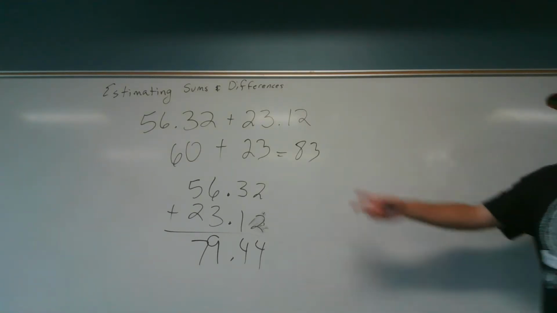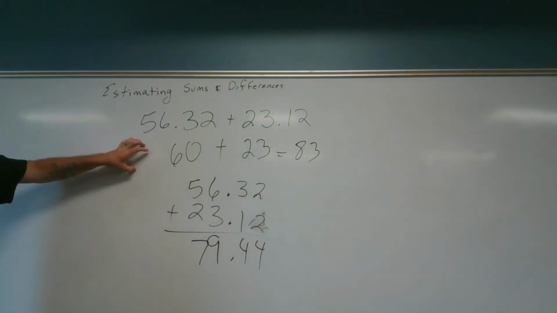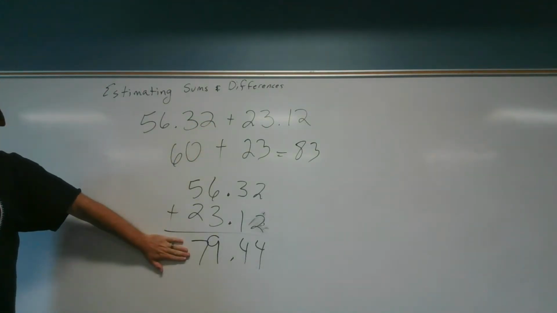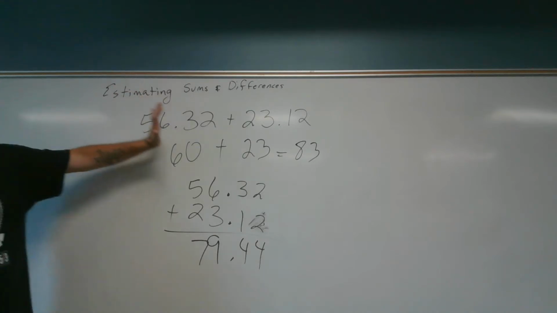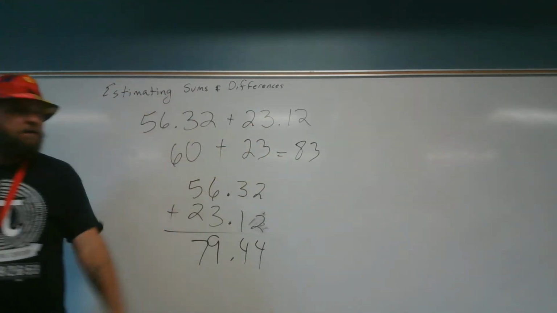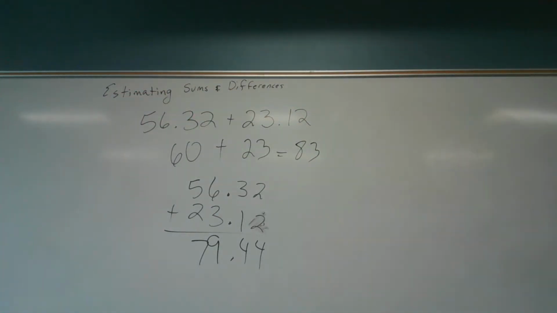Okay. So instead of doing 56, we made it a bigger number. So my estimate is going to be bigger than my actual sum, because I moved this up almost 4, and I moved this down way less than 1. So my estimate's going to be higher than my actual answer.